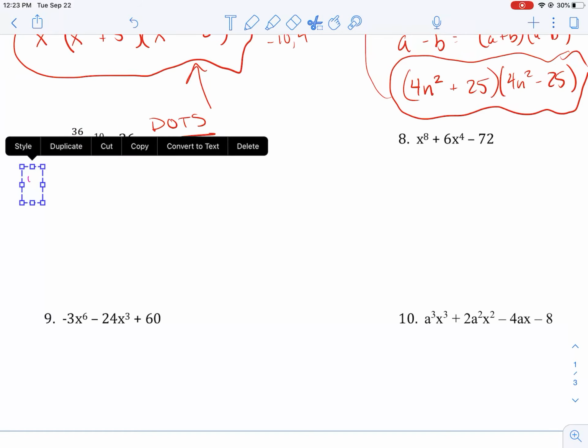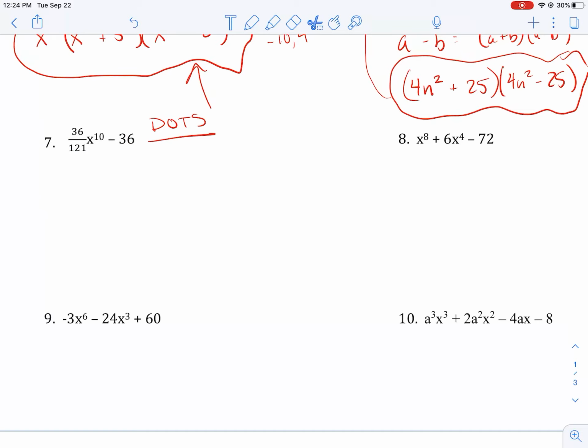Sure is. So there's some number squared, and then obviously 36 is just 6 times 6. So we have another difference of two squares problem. In this case, our a is 6 over 11, and our b, whoops, not 36, it's just 6, and x to the 5th.